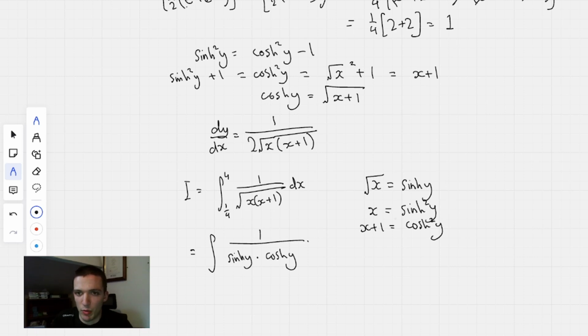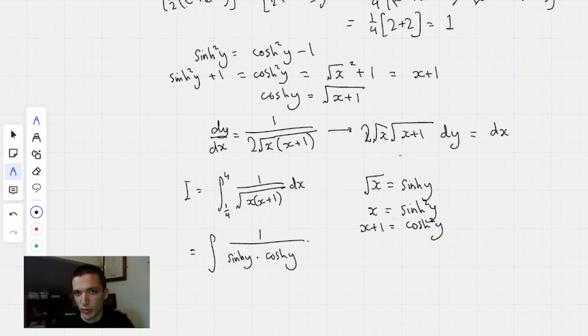Well, now I need to figure out what dx is. If I take this equation right here, I'm going to multiply up by dx and multiply up by the denominator over here. That's going to be 2 root x plus 1 dy is equal to dx.